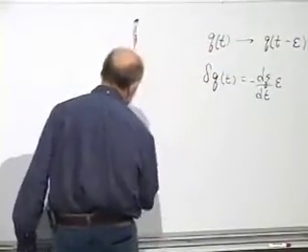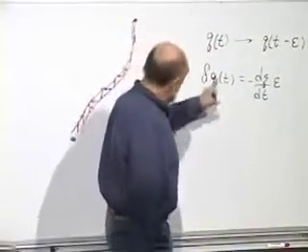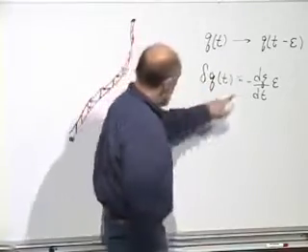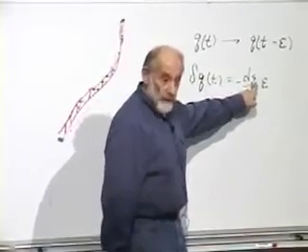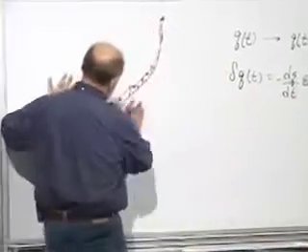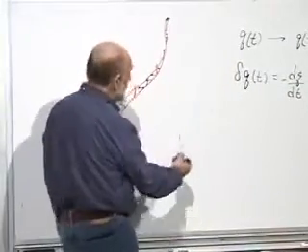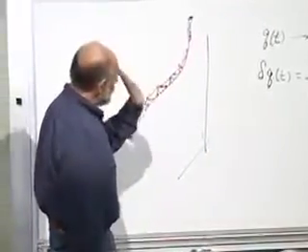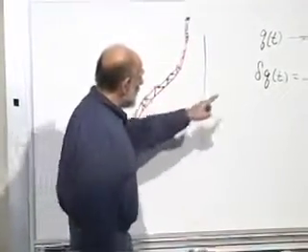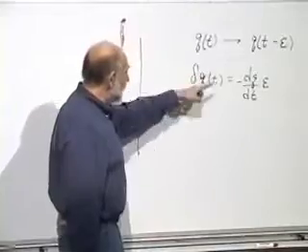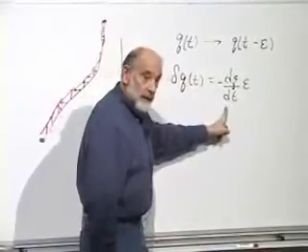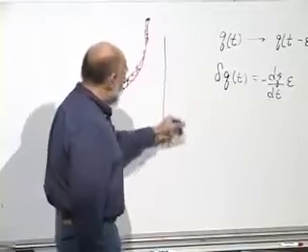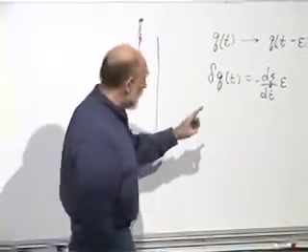Supposing, for example, notice, first of all, that what it says is that the change in q, the little displacement, is proportional to the time derivative of q. If there was no time derivative, that would mean that the trajectory was perfectly vertical. If the trajectory was perfectly vertical, then there would be no time derivative. dq/dt would be equal to 0, and shifting the trajectory up and down would not shift it horizontally at all.